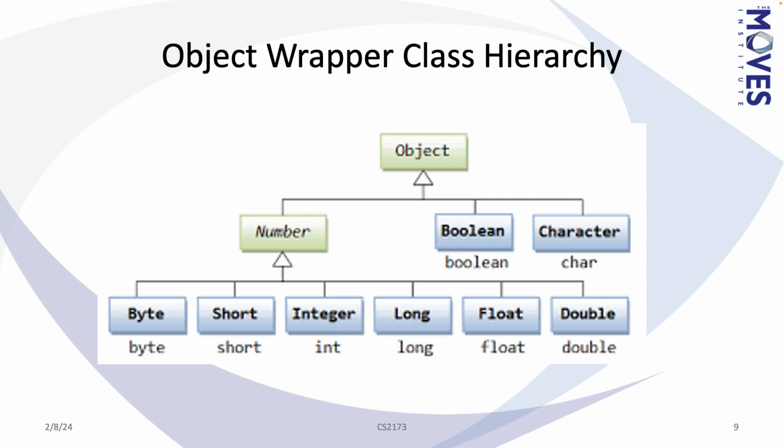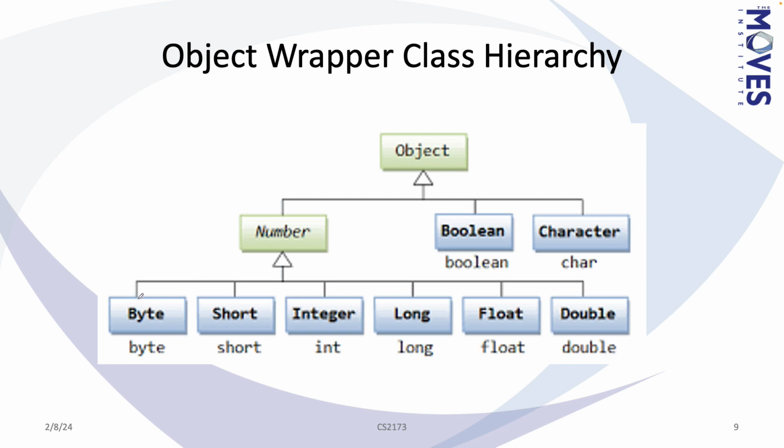Number, notice, is abstract. The Boolean class with a capital B corresponds with the boolean primitive, lowercase b. The class Character with a capital C corresponds to the primitive char. And then all the other ones are actual numbers.